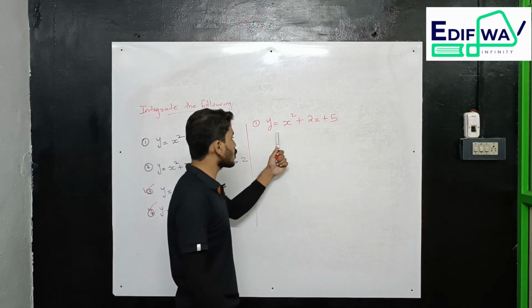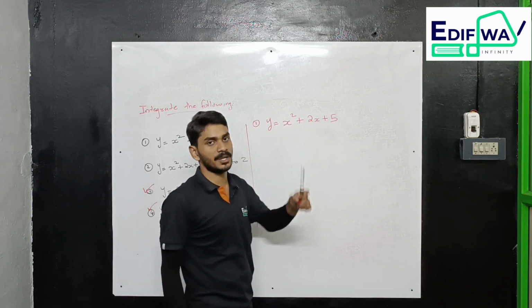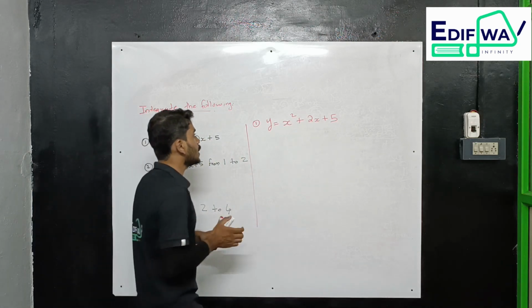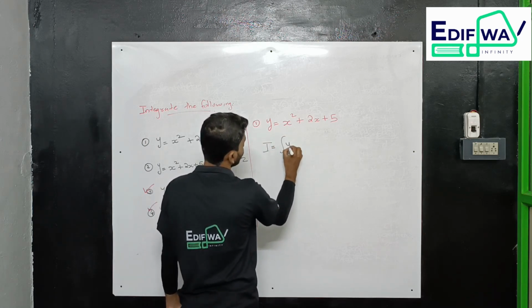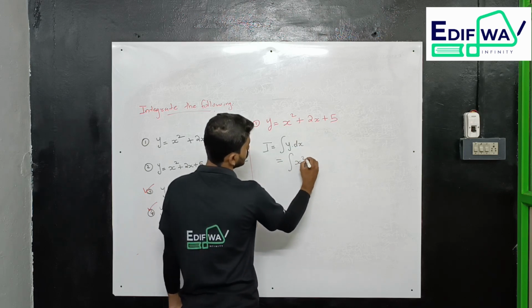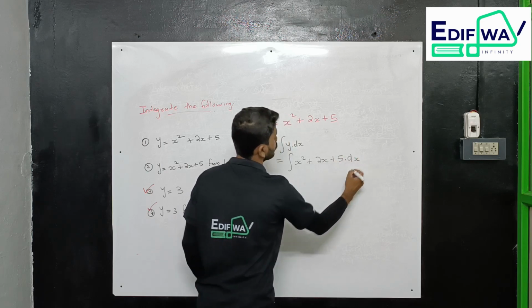Now you just need to find the answer, that is integral y dx, which means integral x square plus 2x plus 5 dx.